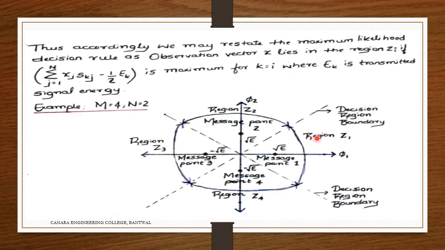Thus, accordingly, we may restate the maximum likelihood decision rule as: observation vector x lies in the region Zi if the summation of j equals 1 to capital N of xj into skj minus half into Ek is maximum for k equals i, where capital Ek is the transmitted signal energy.